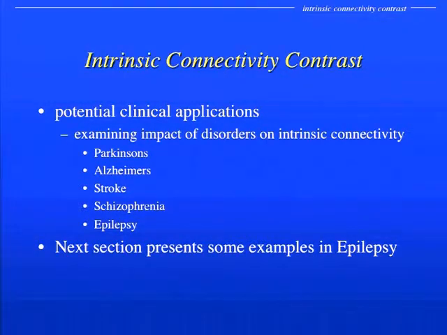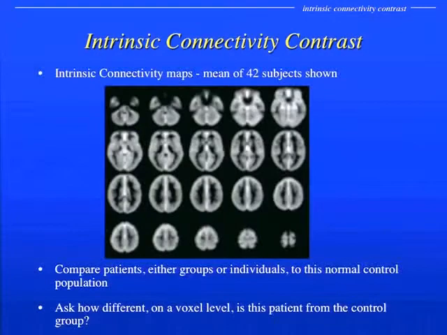Todd, that previous image showed some areas that looked like little patches of different connectivity. I don't know, parietal areas. Is that real, or did you ever try to back out the anatomic identity of areas that might have different connectivity? Well, so you can threshold. I'm not sure I get your question, but there are bright areas and dark areas.